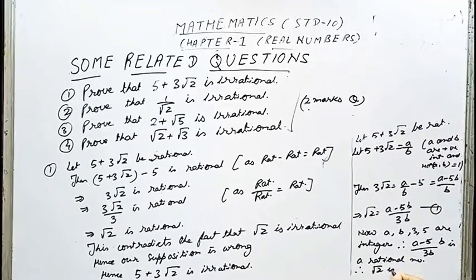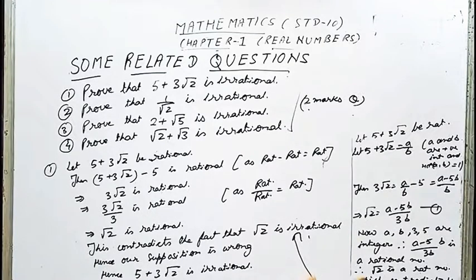Therefore root 2 is a rational number, which contradicts the fact that root 2 is irrational, and hence our supposition is wrong, and hence 5 plus 3 root 2 is irrational.